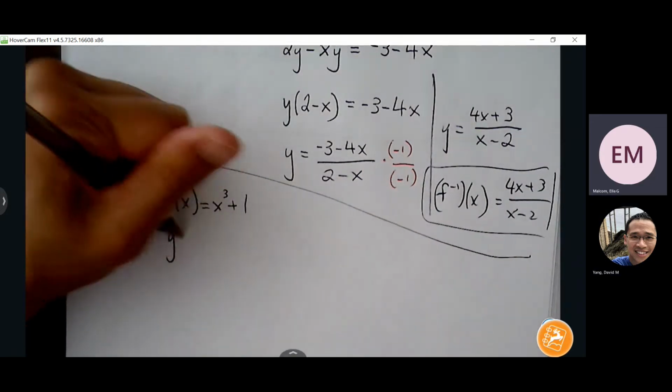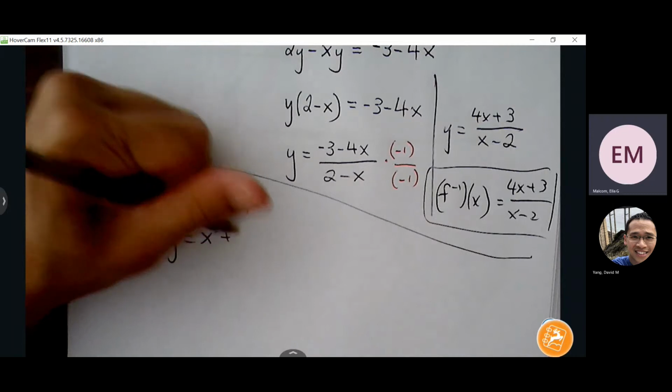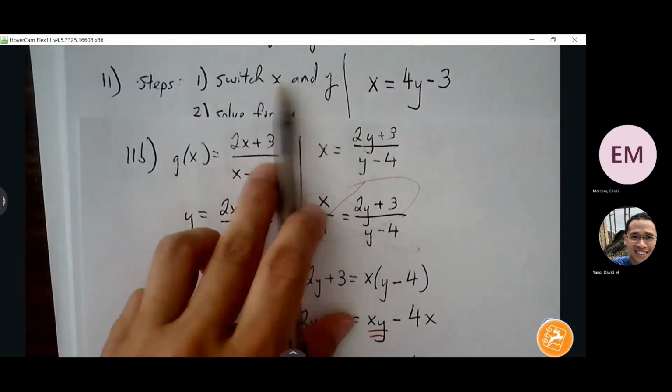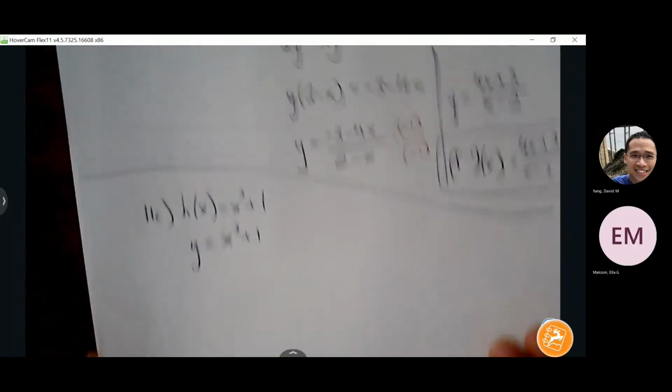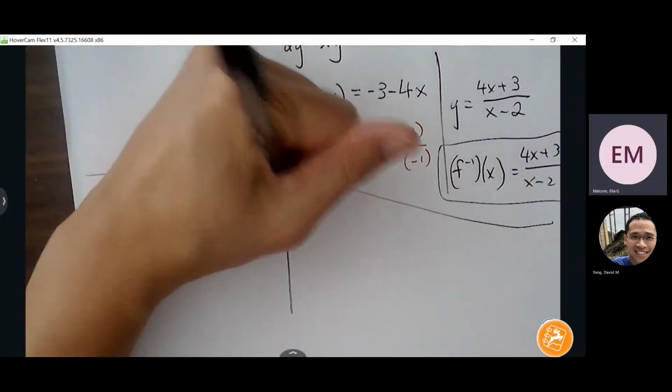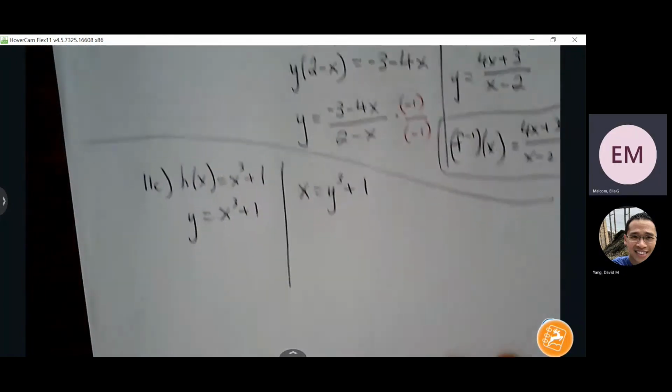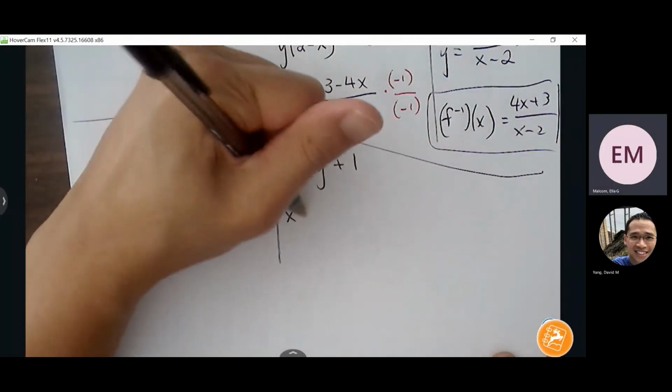And now we have to get rid of the cube. Swap the x and y. Yeah. Right. So when I swapped it, sorry, I got x equals y cubed plus 1. Okay, good. And then I got x minus 1 equals y cubed.